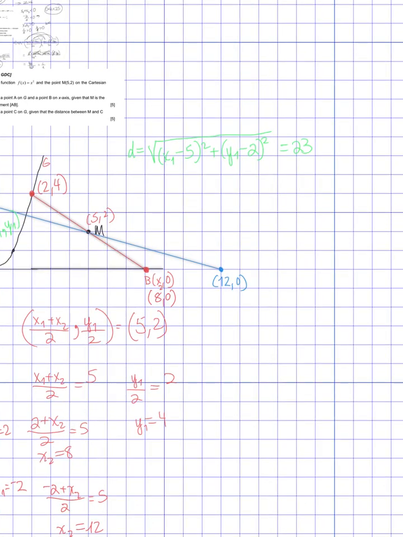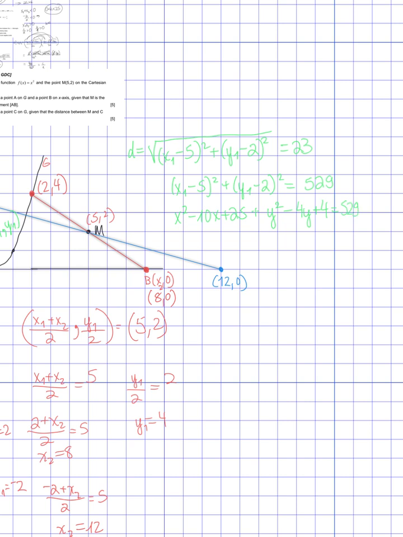Okay, so if we square both sides, that's going to be (x1 minus 5) squared plus (y1 minus 2) squared equals 529. And then I'm just going to drop the ones, but that's going to be x squared minus 10x plus 25, and that's going to be y squared minus 4y plus 4 is 529.